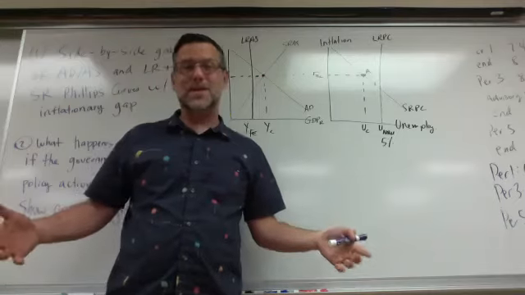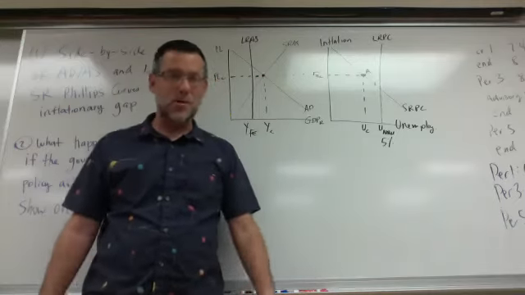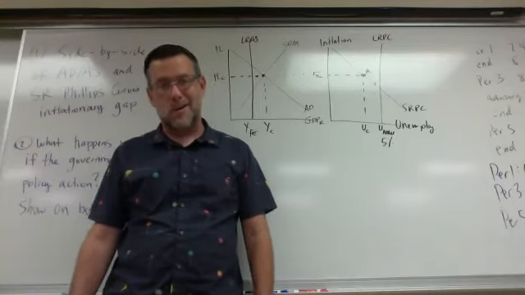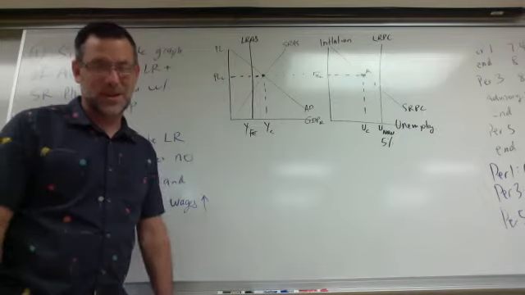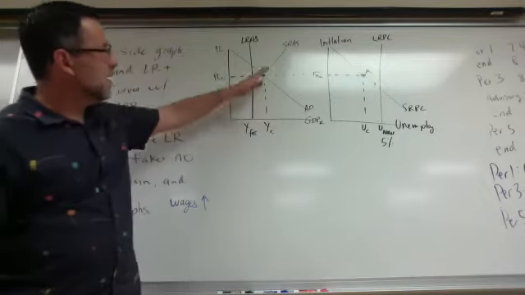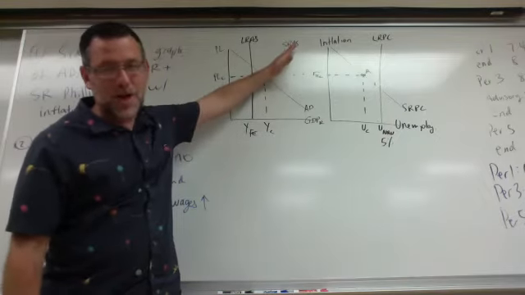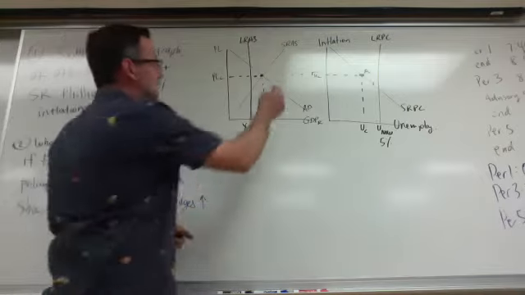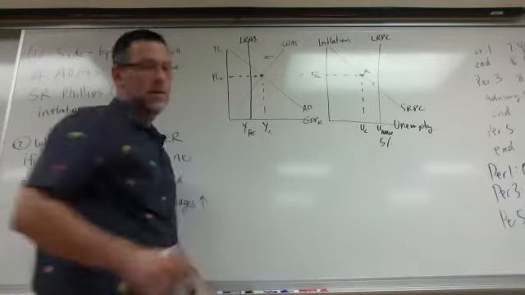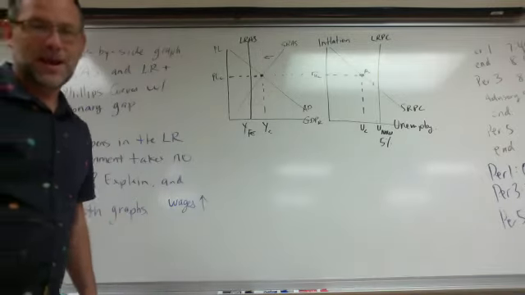I wanted to grow my business. But now that I have to actually pay my workers more, I'm not so interested in that. So what we see is my short-run aggregate supply, when wages go up, is going to decrease. So it's going to decrease to the left.